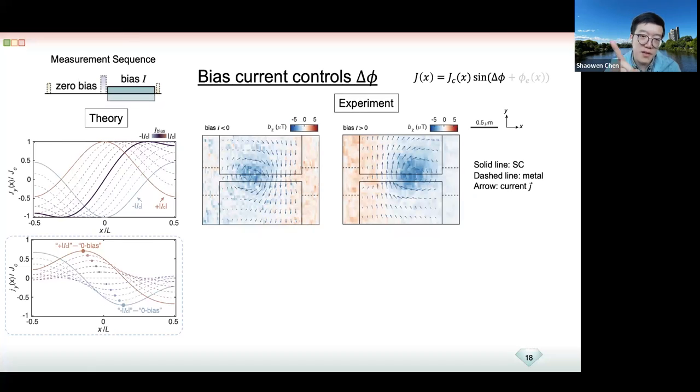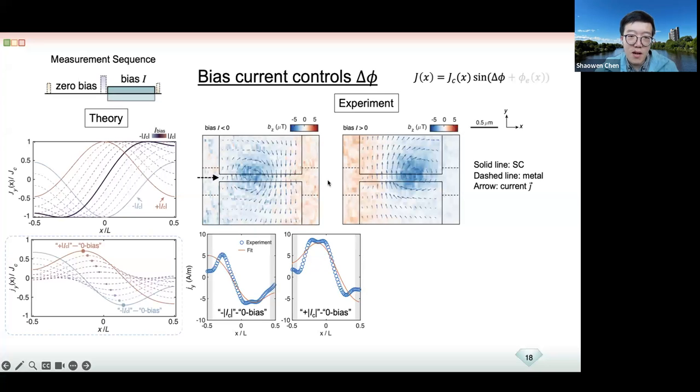So it's measuring the projected field along the NV direction, which we can reconstruct to get only the Z component of that magnetic field. And the arrow in this case is showing the current flow, the vector of the current flow. Right, so I'm showing these two cases for either a negative bias current or a positive bias current, and you can see that they're actually very different, as we expect.